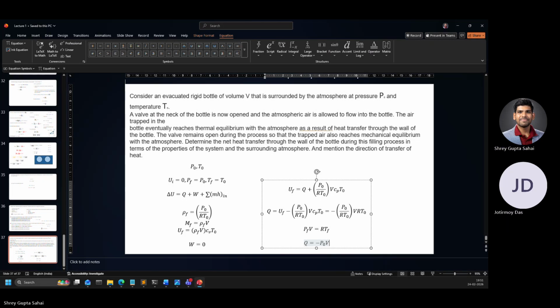There will be a heat exchange to the surroundings. Minus means the direction of the transfer of heat. So the system will lose heat to the surroundings. Minus P naught V.